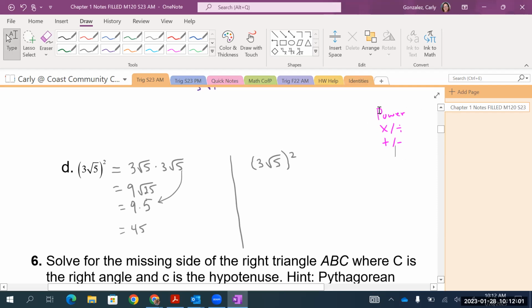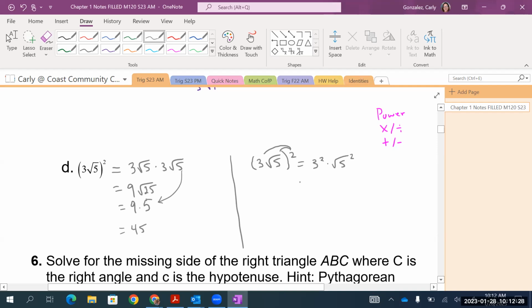There's a lot of patterns in this, but notice the square is a power, and in between the 3 and the rad 5 is multiplication. And since these are neighbors, power and multiplication, we can go ahead and just bring in the power to each factor. So we get 3 squared times rad 5 squared.